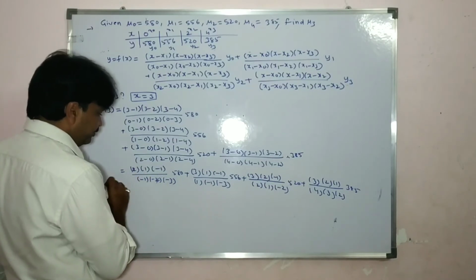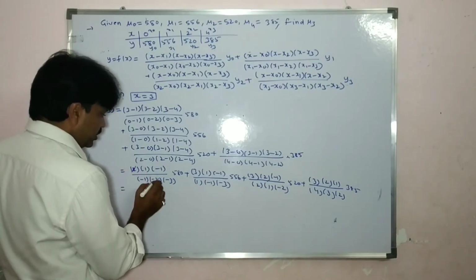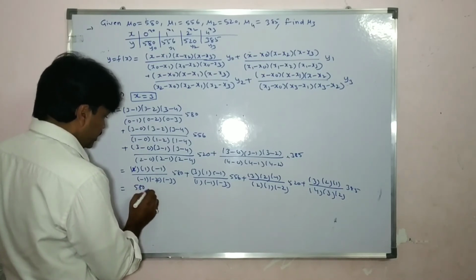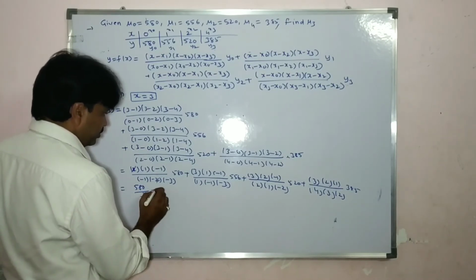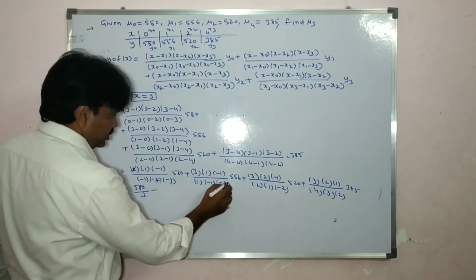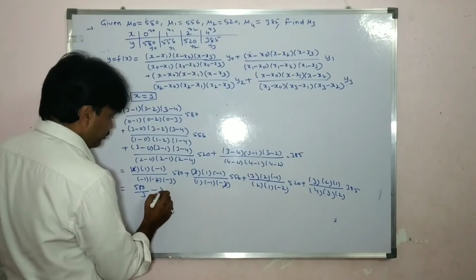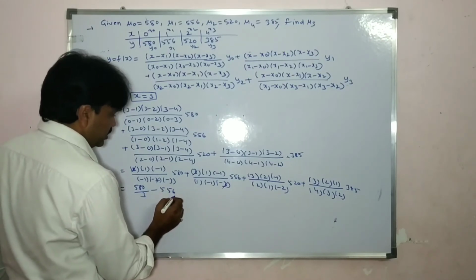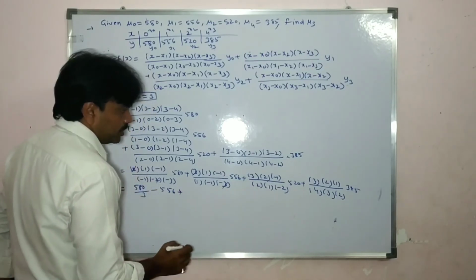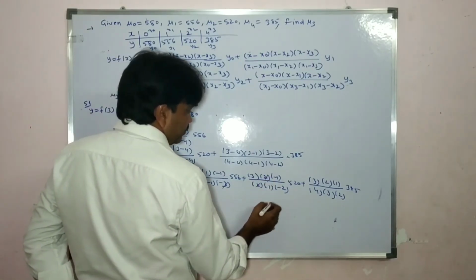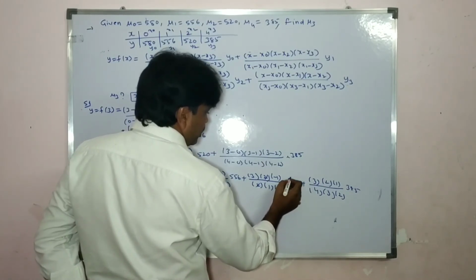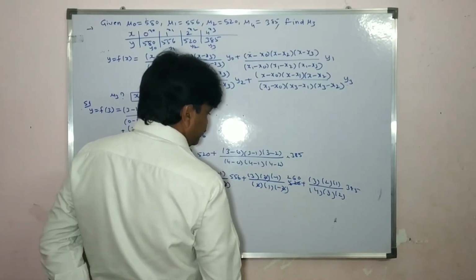2 cancel, 2 cancel. We get 580 by 3. How many minuses are there? 3 minuses, so minus. This 3 cancels. We get 556. 2 minus, here plus, 2 cancel. These 2, how many times? 2260.